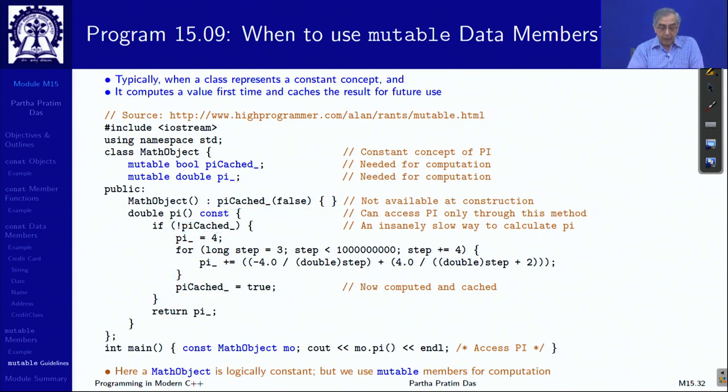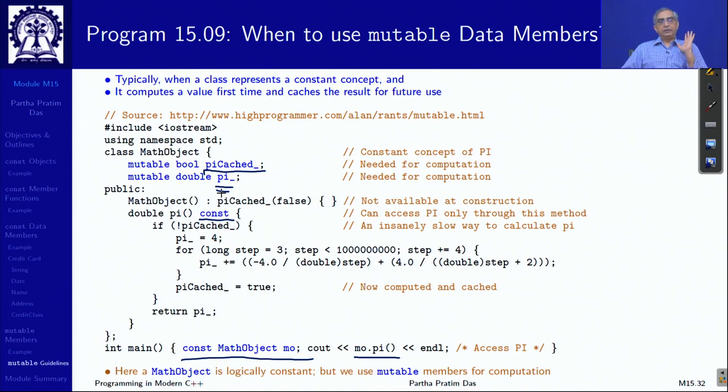Now, in my use, obviously the math object has to be constant, because the value of pi and so on cannot change, and I am invoking a constant member function. It has to be, because otherwise on a constant object I cannot call it. But I needed to change both of these. I needed to change the value of pi the first time, which is a computational requirement.